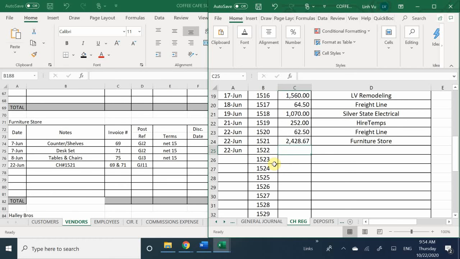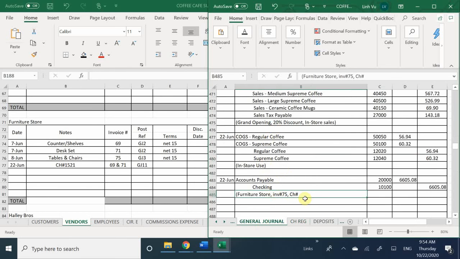Check amount 660508. Furniture store. There you go. And then we're going to go back to the journal. 1522. Yes, ma'am.